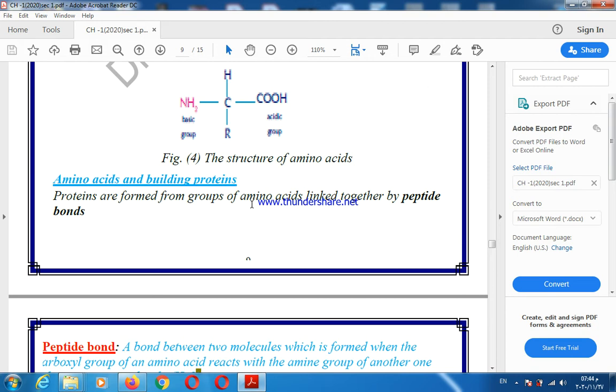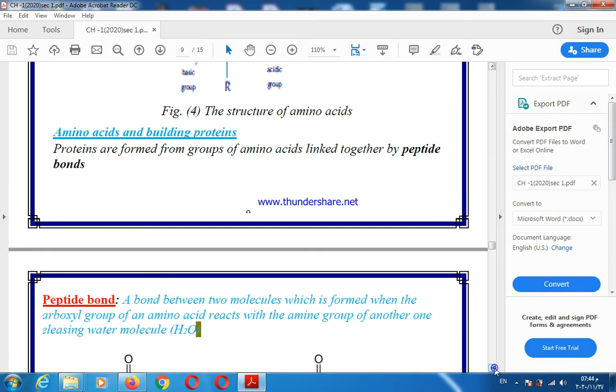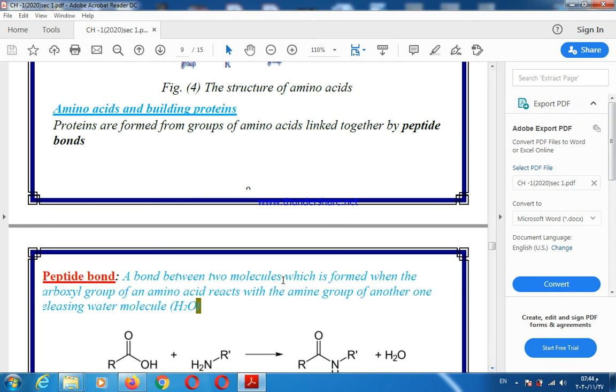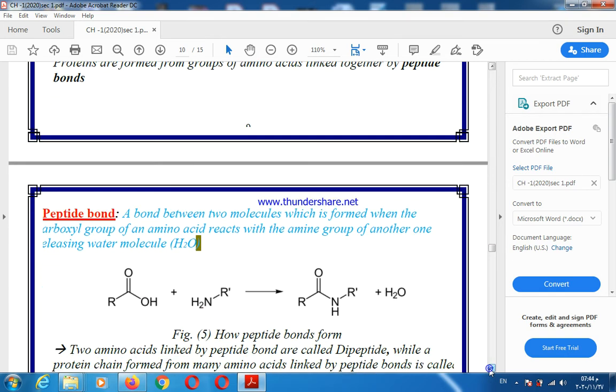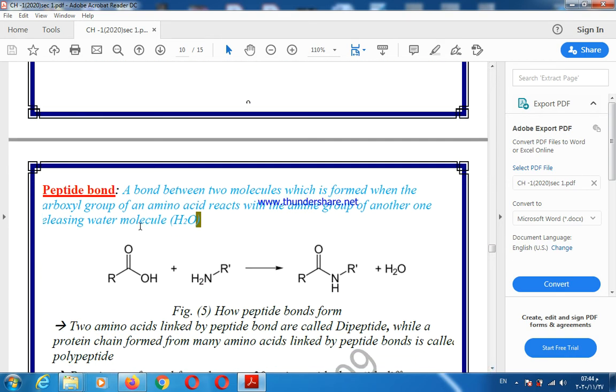Proteins are formed from a group of amino acids linked together by peptide bonds. We have a very important bond here. What is the peptide bond? A bond that forms between 2 amino acids by removal of H2O.